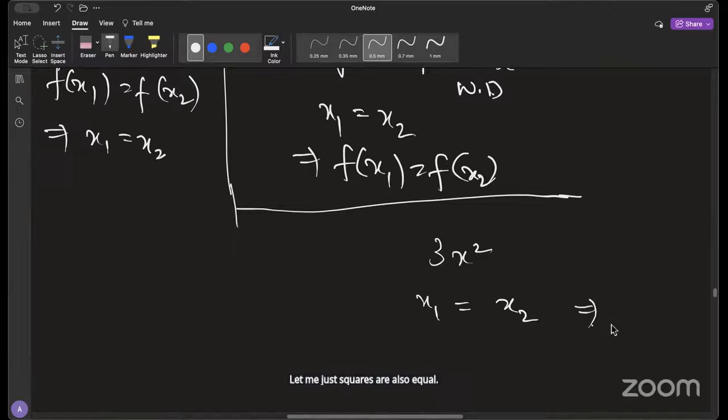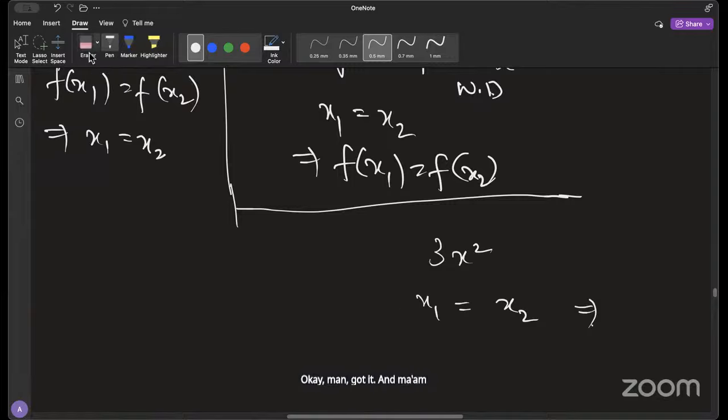Do you know any number for which you have two squares? Okay. So x1 equal to x2 means the squares are also equal. Yes, okay, ma'am, got it.